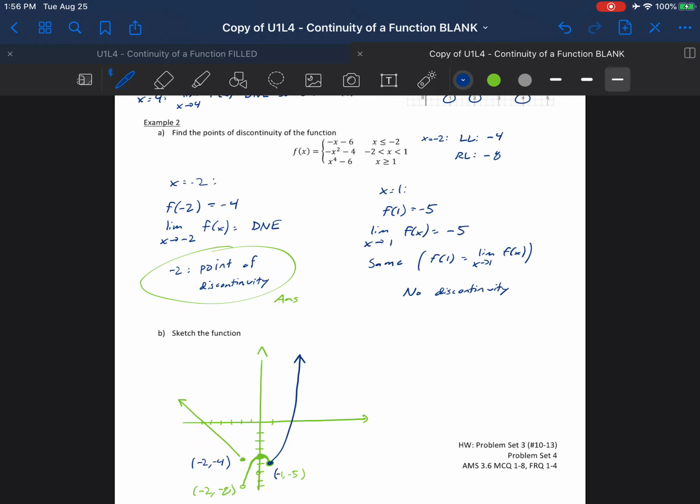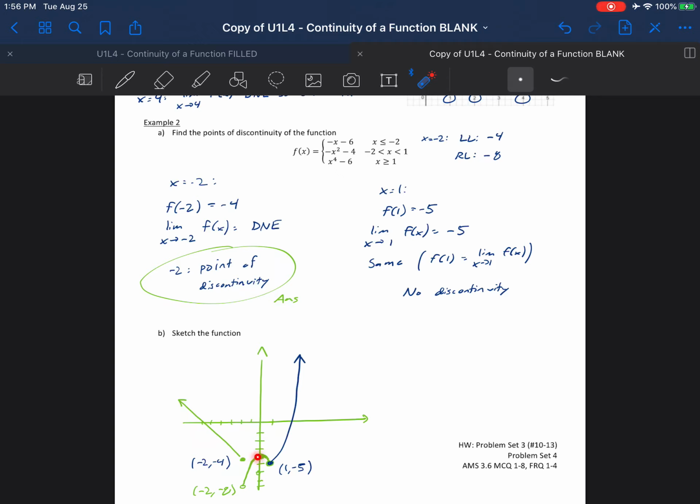So the point 1, -5 really gets filled in by that third bottom function. Okay. And then we can see from the graph that our discontinuity analysis in part A is right. So at -2, yeah, we have a non-continuous function, right? We have function defined there, but limit not equal. And limit doesn't exist. Okay.